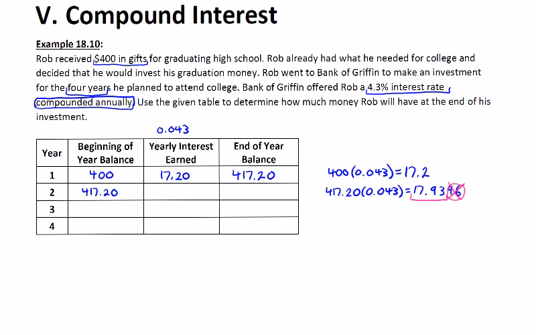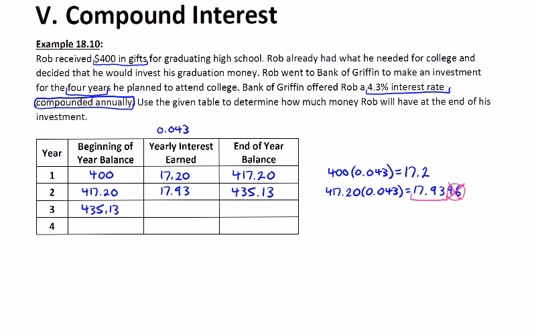So this is going to be an interest of 17.93 that would need to be added to the already 417.20 that's in the account. So at the end of year 2, there is a total of 435.13. And as you guessed, that now becomes the beginning balance for year 3.